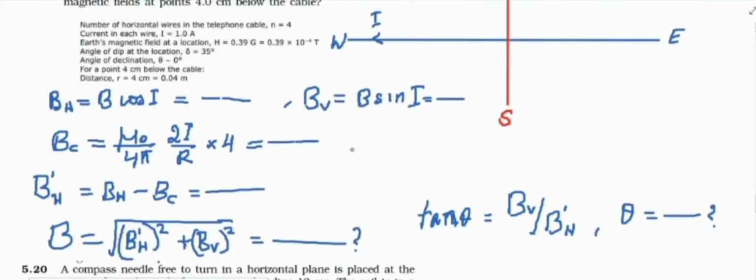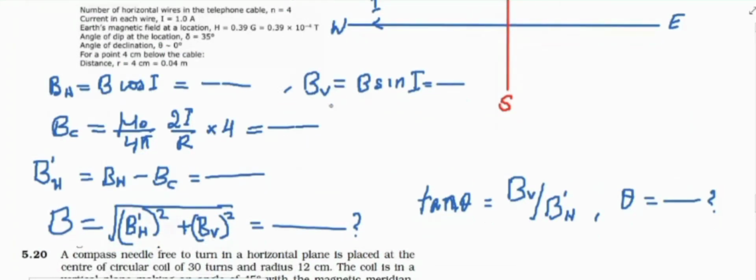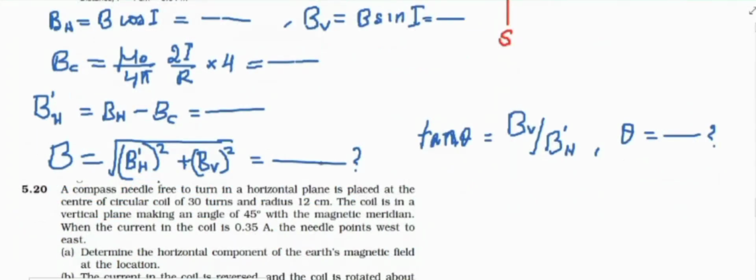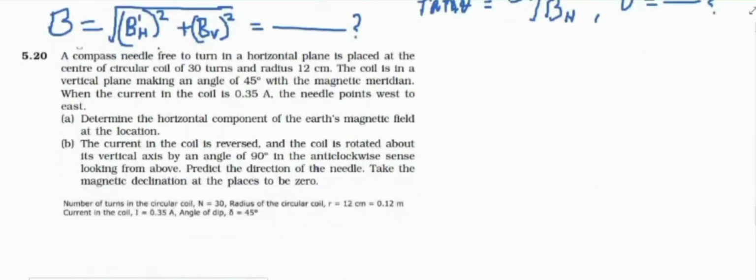And remember, in case the question is for above the cable, what change do you have to make? Below the cable, BH and BC are in the opposite direction, so we took the difference to get the resultant horizontal component BH dash. If it is above the cable, for getting BH dash, you have to take BH plus BC, because above the cable, BH and BC are in the same direction.